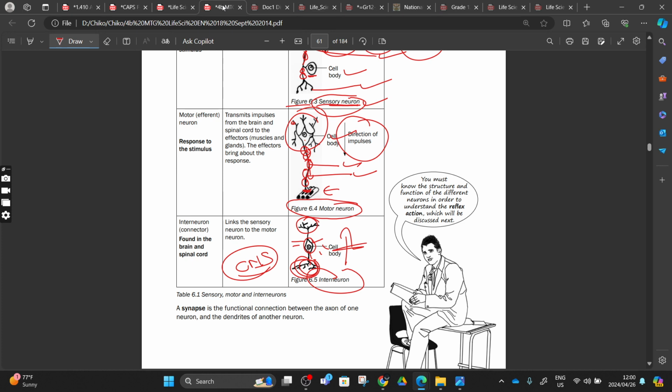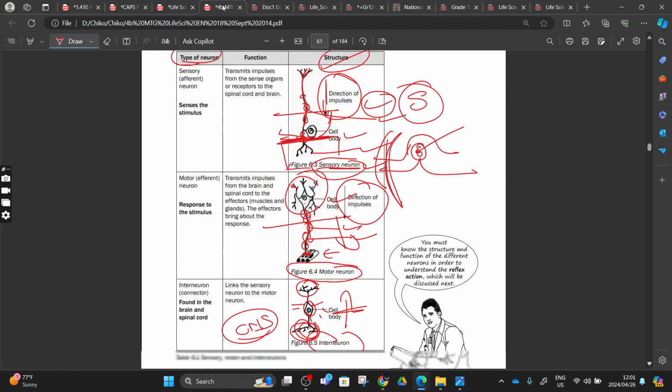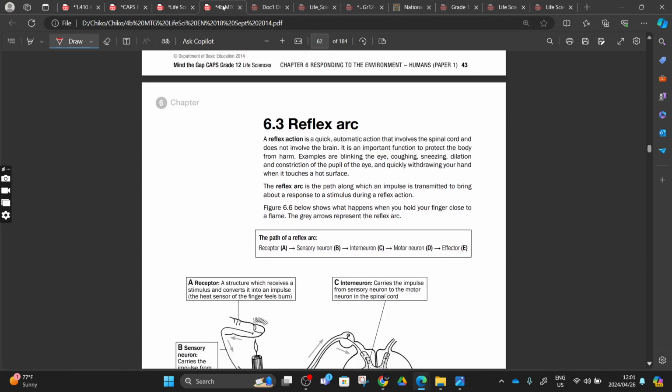This one, the axon, is leaving the central nervous system, and this part here will be inside the central nervous system, and this part here will be outside. You remember, we have our dorsal root there, and that dorsal root is housing that cell body. So that cell body will be outside of our central nervous system. So the cell body will be before we can enter our central nervous system. I hope you understand that. I hope we are clear.